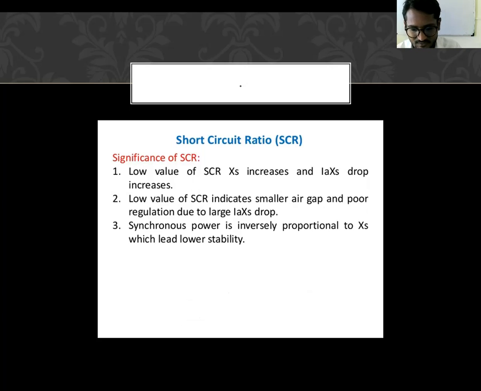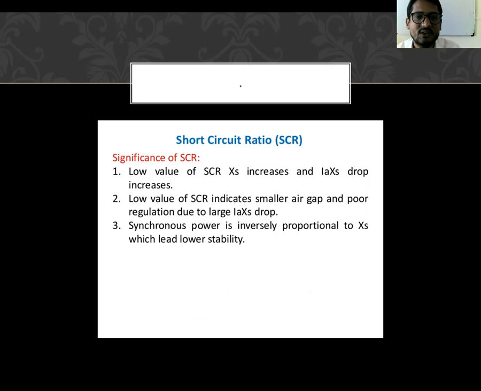So by this we can calculate the efficiency and regulation of the synchronous machine to find out its exact performance. There are some significances of the short circuit ratio.